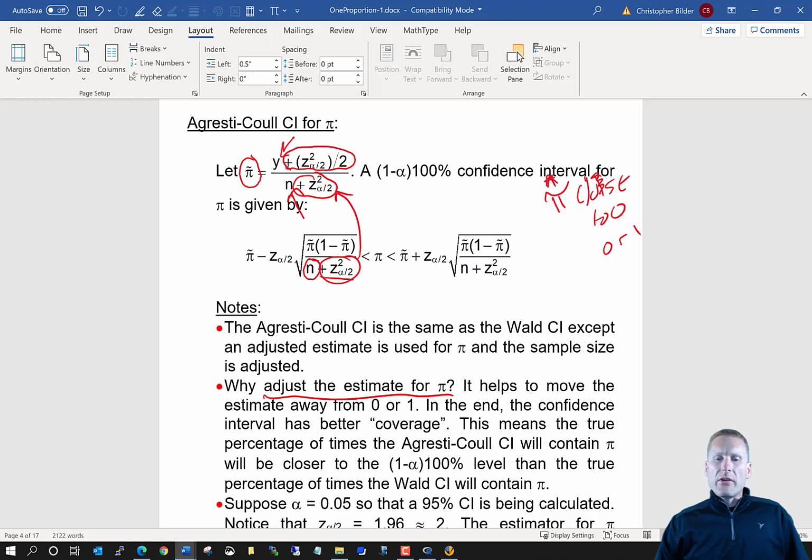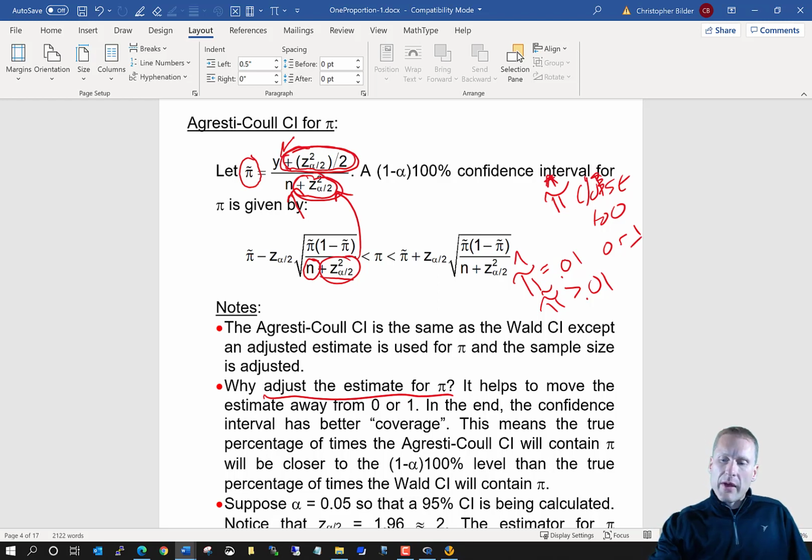And so what we do here, by adding this little extra quantity to the numerator and to the denominator, is this. Let's say when pi hat is about 0.01, pi tilde will be greater than 0.01. So we're just raising it up, getting it farther from that borderline for what the true value of pi could be, which would be 0.